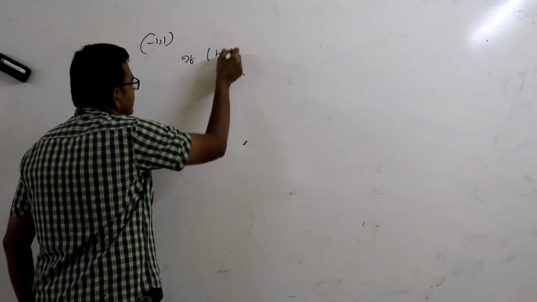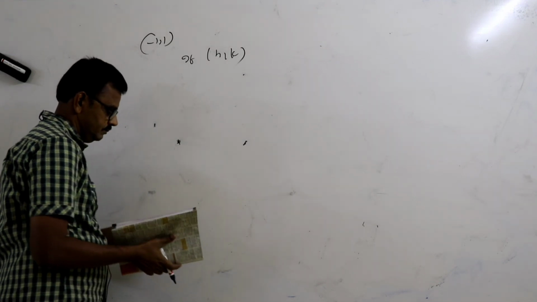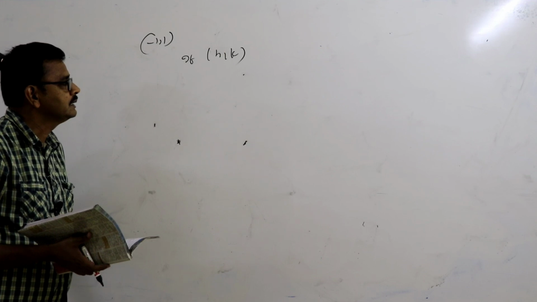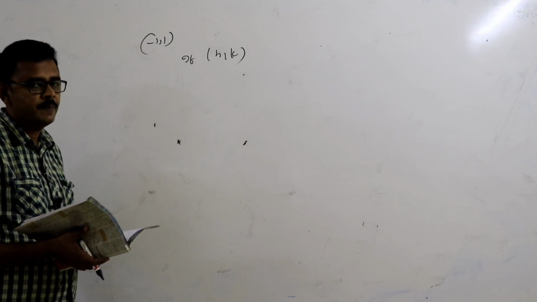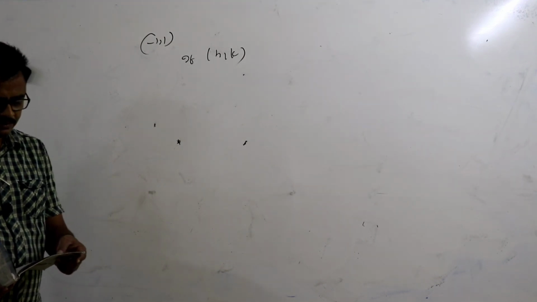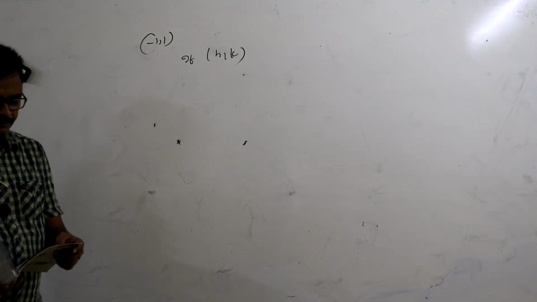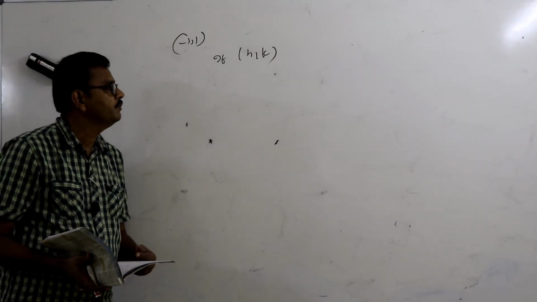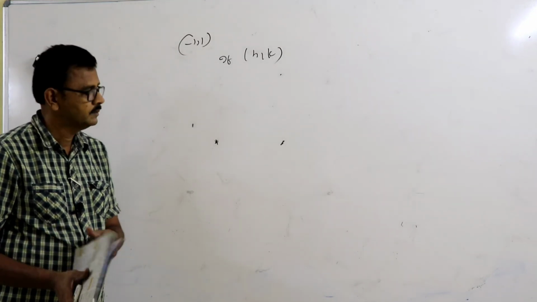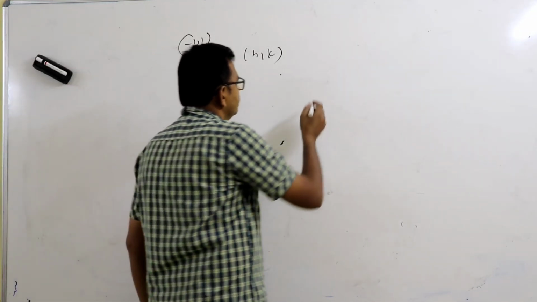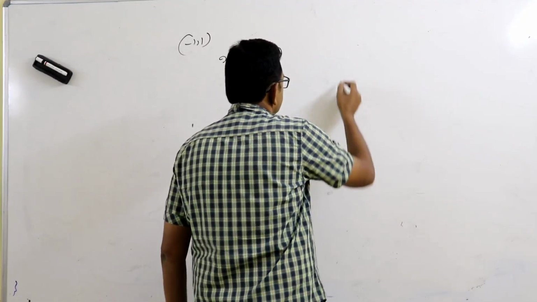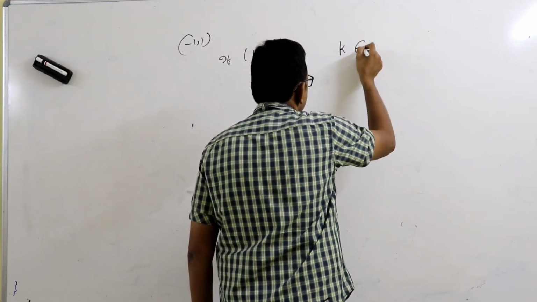If (h, k) is the center of the circles, then the set of values of k belongs to?